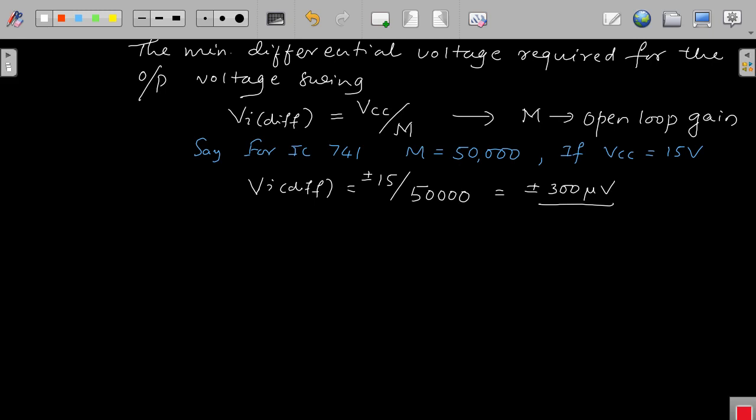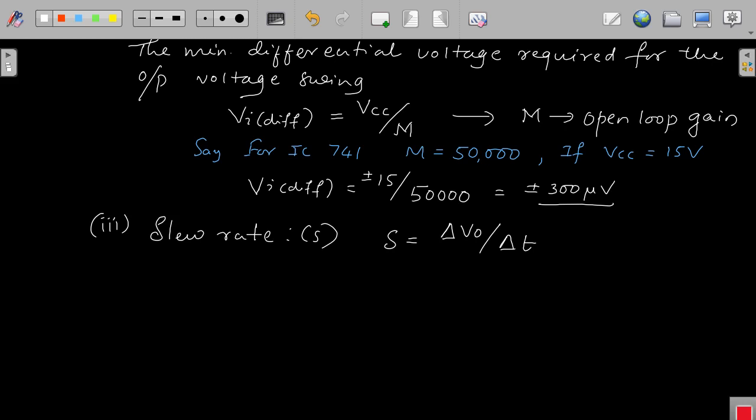is the slew rate. We have already seen about the slew rate, right? So what is slew rate? Delta V naught divided by delta T. We have already taken.